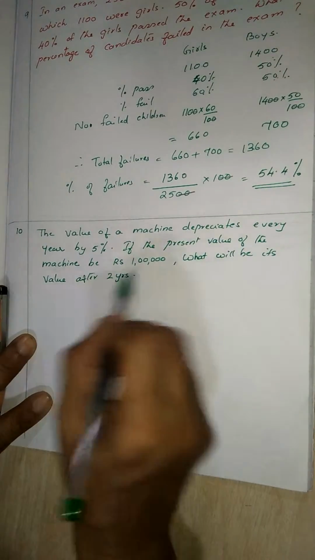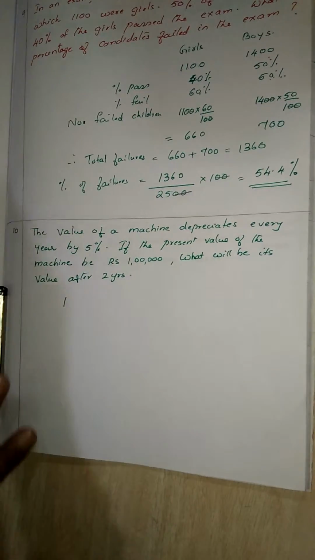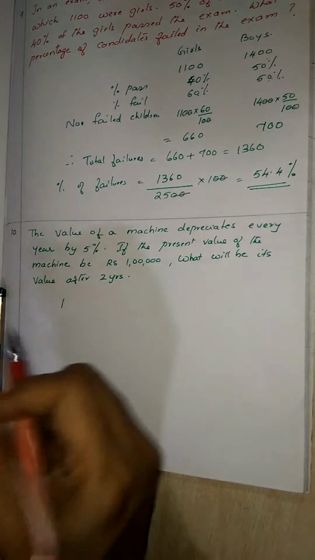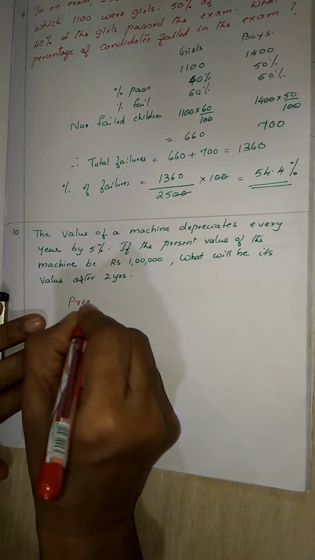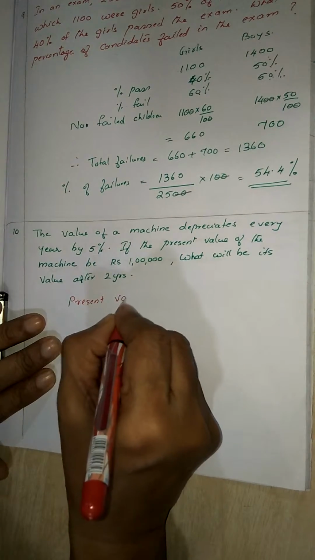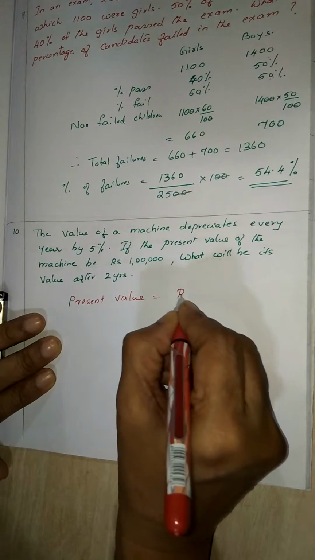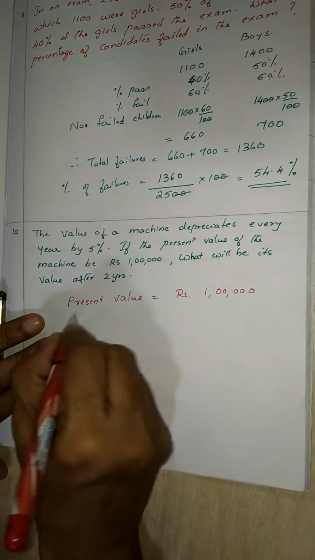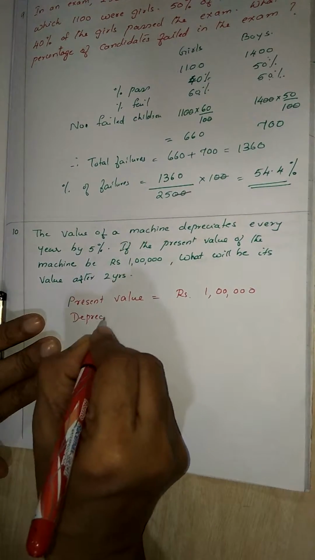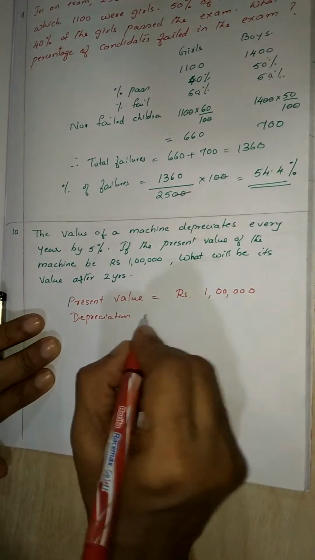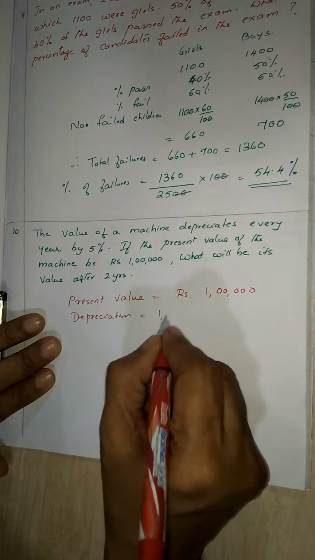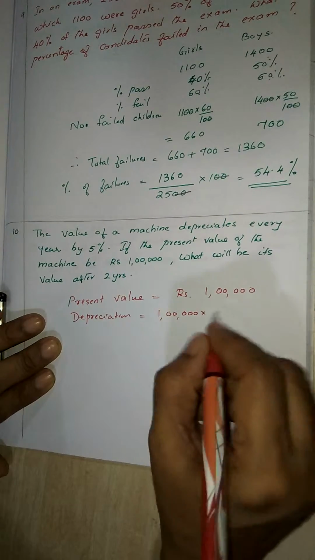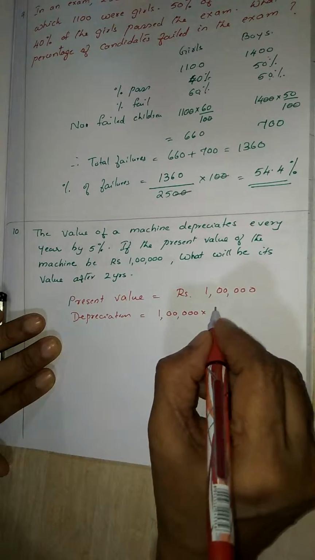So the present value is equal to rupees 1 lakh. So depreciation is 5%. Now we will find out what is the amount of depreciation. 5% is a percentage.